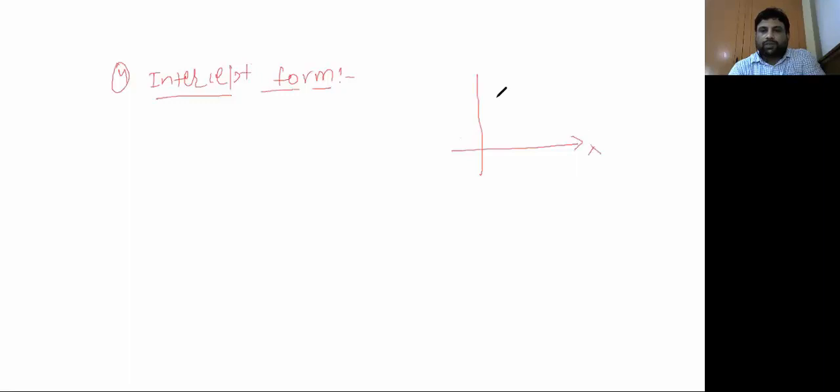Now the next form is intercept form. In intercept form, they will give you the x-intercept as well as the y-intercept. Suppose this is the x-axis and this is the y-axis, and a line is given like that.